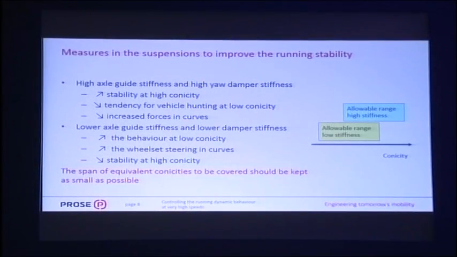Then you have the second option: you lower your axle guide stiffness and you lower your damper stiffness. That improves the behavior at low conicity, and improves the behavior in curves. You have a better wheel steering, but it decreases the stability at high conicity.